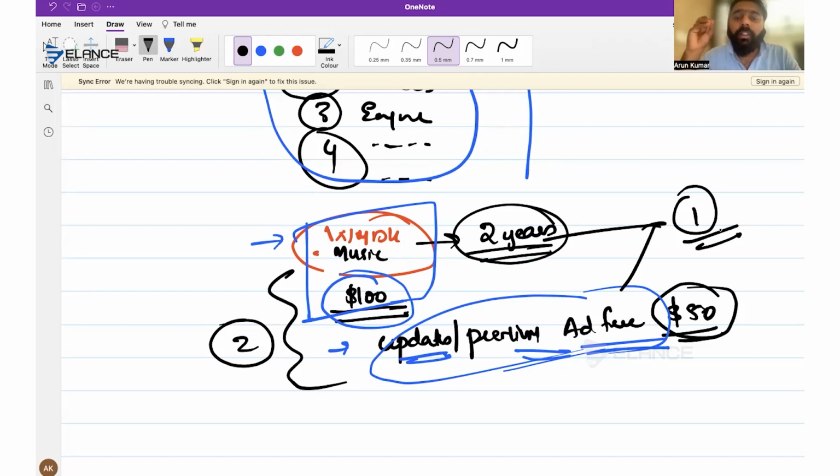Is that clear, everyone? Don't panic in the exam, wondering whether it is 1 or 2. If you have proper reasons for considering it 1 or 2 performance obligations, the examiner wants to know whether you are able to apply your knowledge there. He does not care much about the final conclusion.